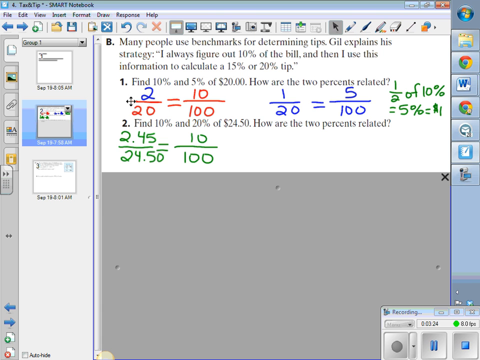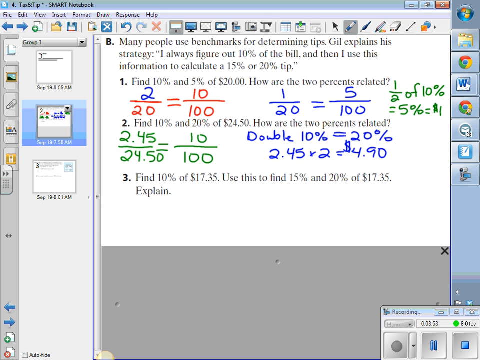So I would do $2.45 times 2, and I'm going to get $4.90.